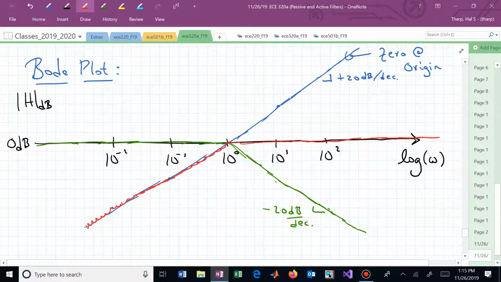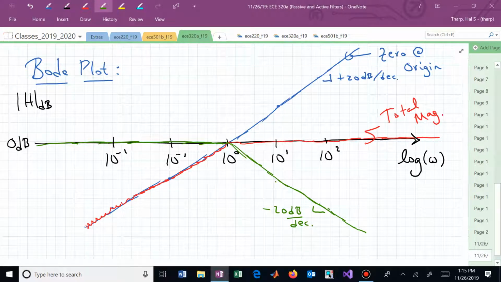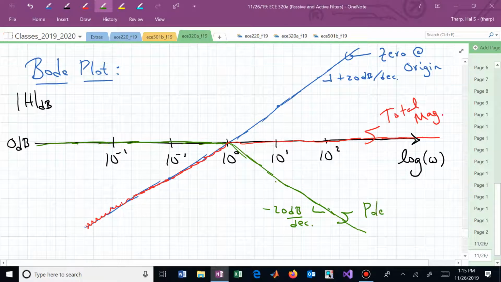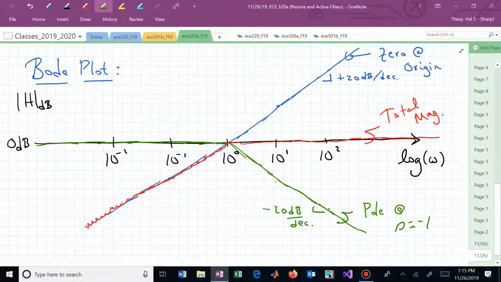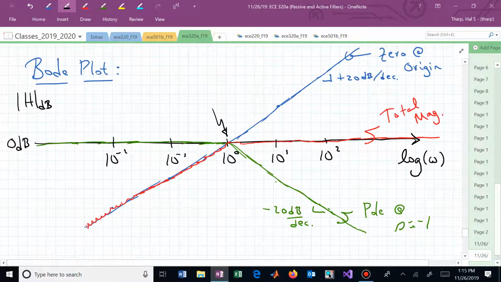And that's now my total magnitude, where this was the pole at s equal minus 1. And everything was sort of happening in this case at omega equal to 1.